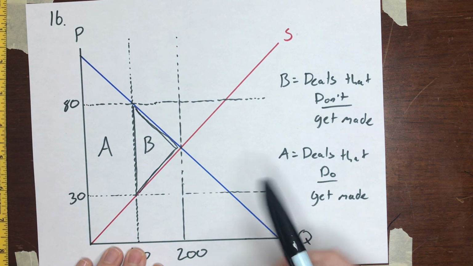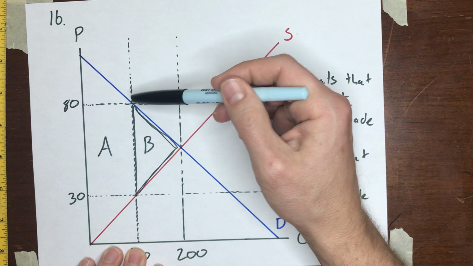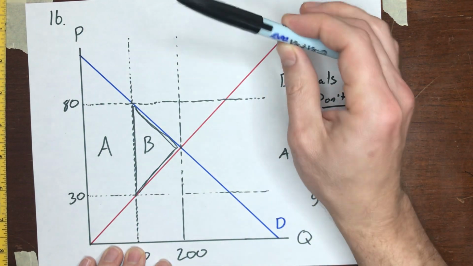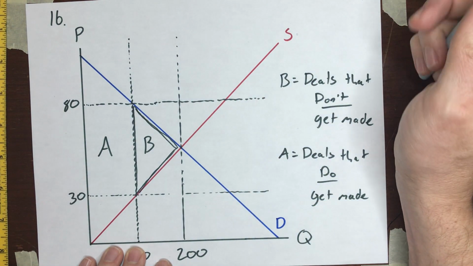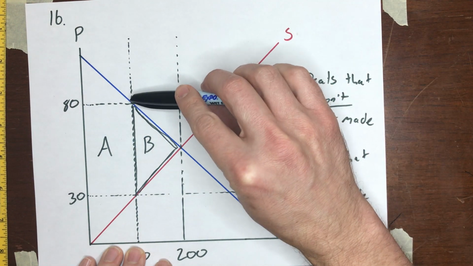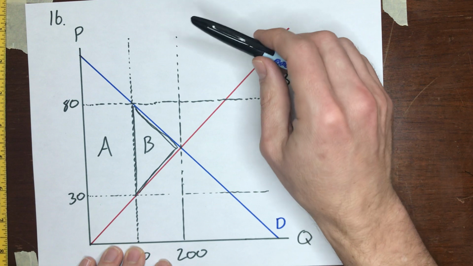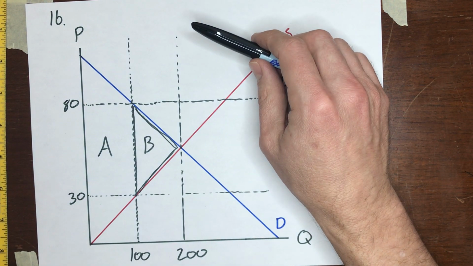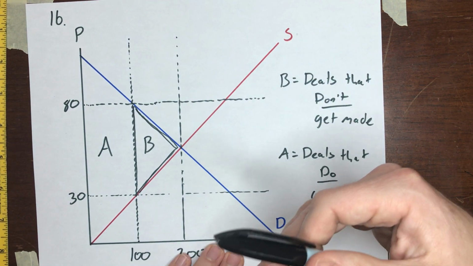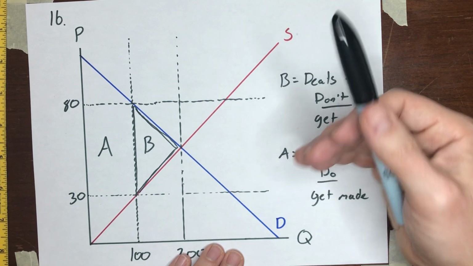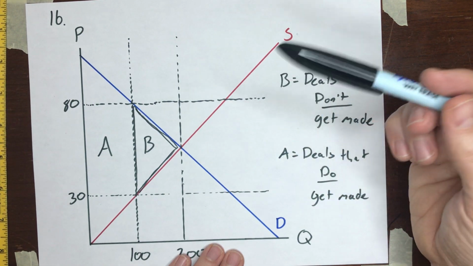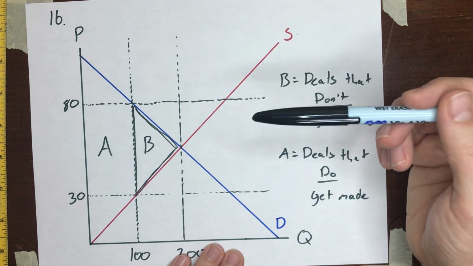What about if this was a price floor? Well, if it's a price floor, remember from the lecture on price floors that if you hold the price above equilibrium, then the sellers have an incentive to basically waste quality.